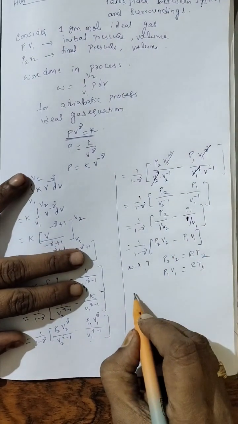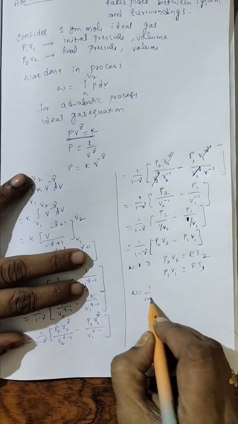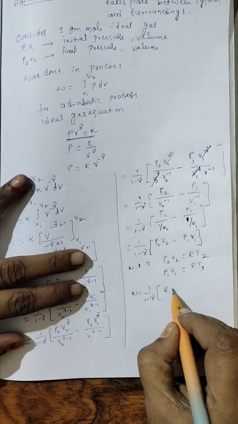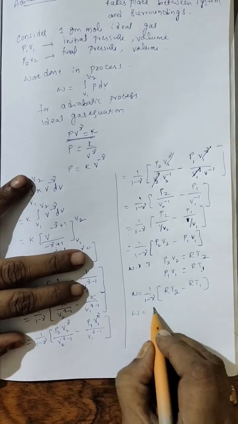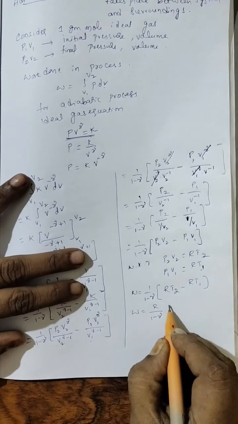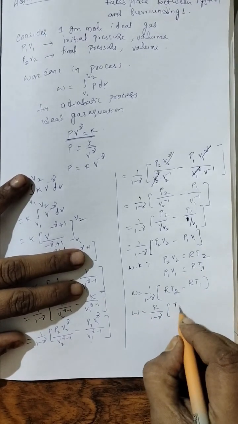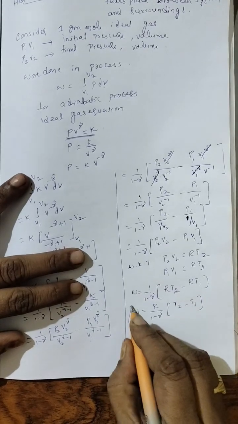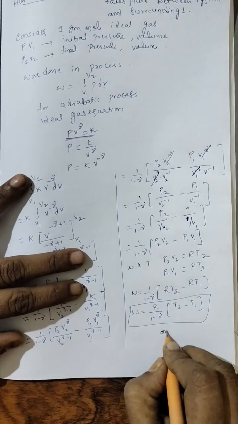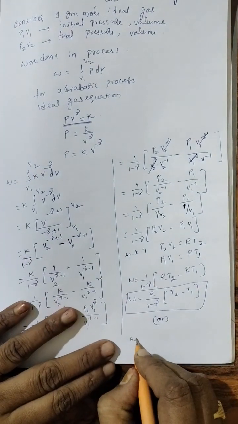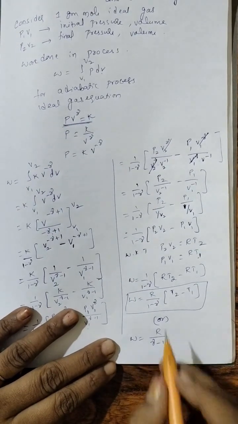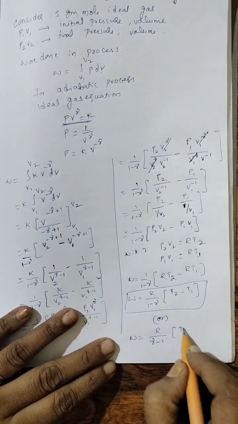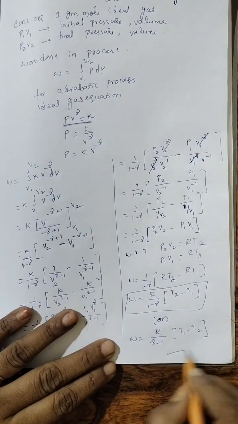Now substitute these values. 1 by 1 minus gamma, R T2 minus R T1. Take R as common. R by 1 minus gamma, T2 minus T1. This is the equation. Or you can also write it as W is equal to R, taking minus as common, by gamma minus 1, T1 minus T2.